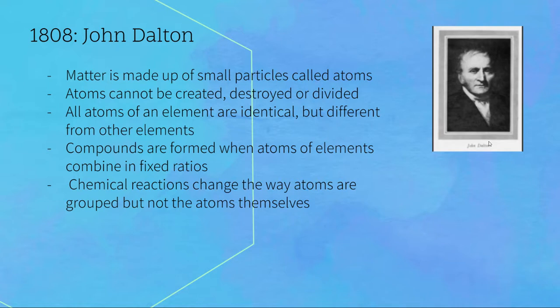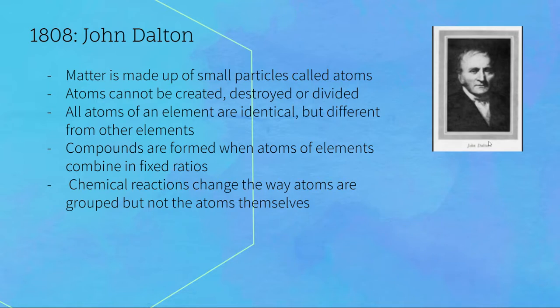So if you look at the process of photosynthesis, carbon dioxide plus water plus energy gives us oxygen and glucose, okay? That's a chemical reaction. Now, the way those carbons, hydrogens, oxygens are grouped is different on each side of the equation, but the atoms themselves are not changed. So the carbon atom does not get changed.